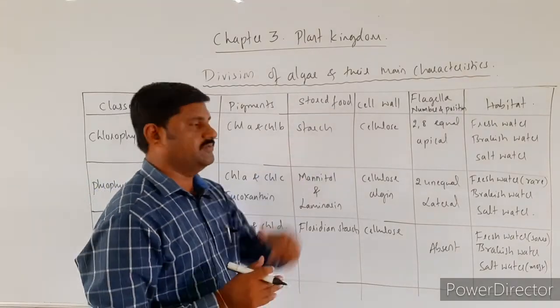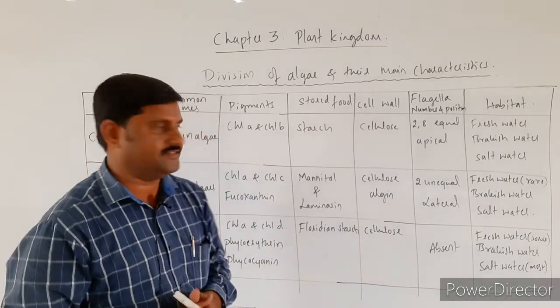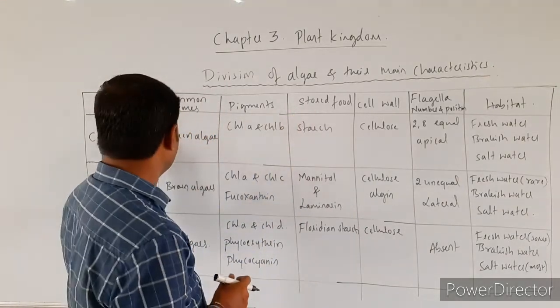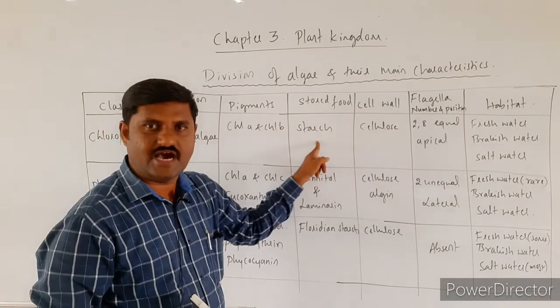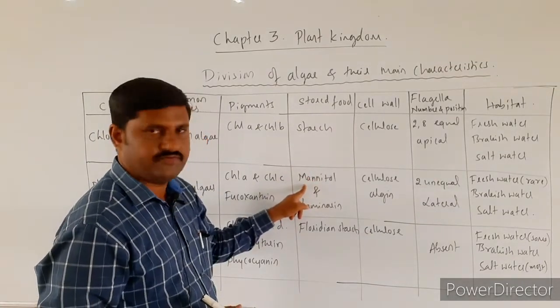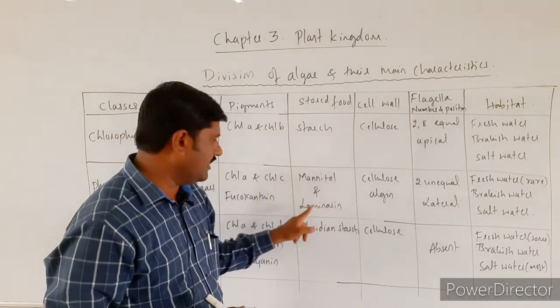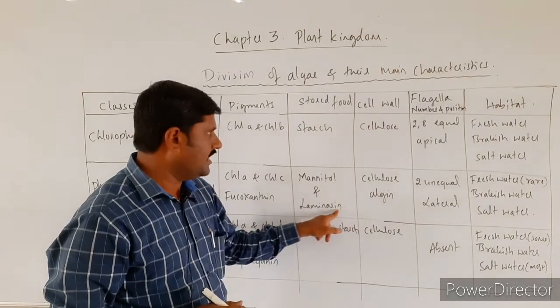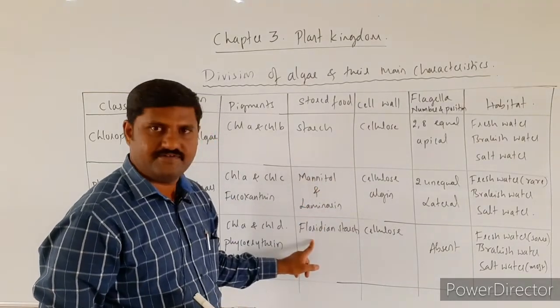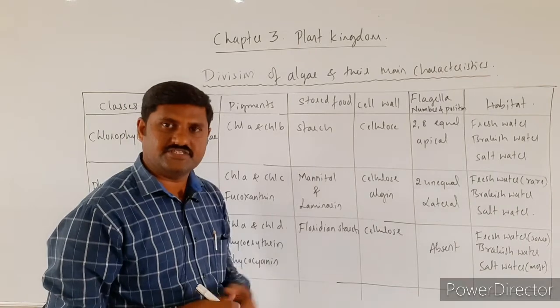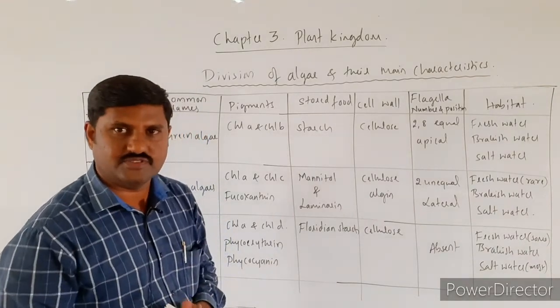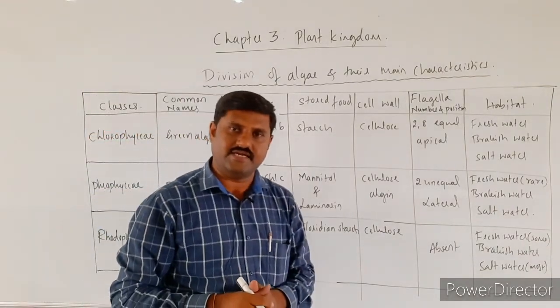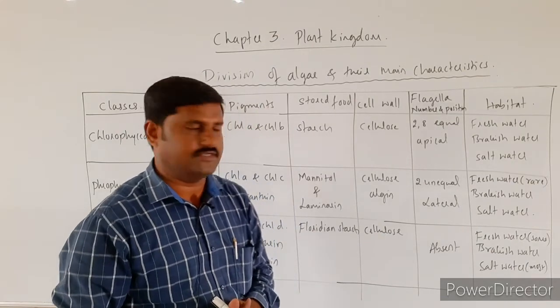And the stored food material in each type of algae. Stored food material in chlorophyceae is starch, in phaeophyceae mannitol as well as laminarin, and in red algae, floridean starch, which is similar to amylopectin as well as glycogen, right?